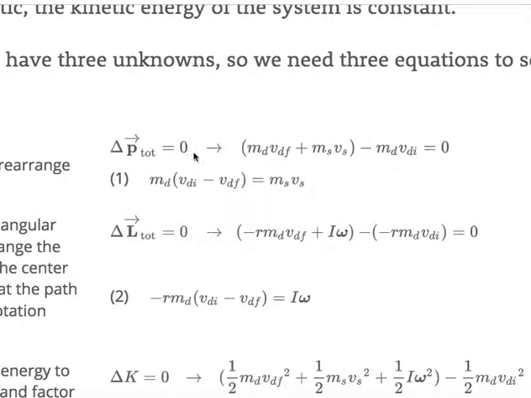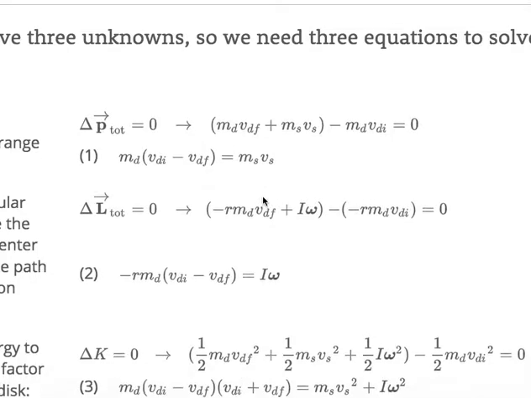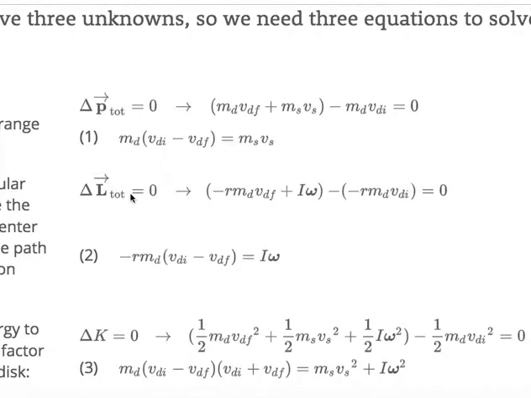So again, they're saying the total change of momentum of the puck, of the disc, is equal to the change of momentum of the stick. And so they called the change of momentum here r m dv plus I omega, minus, and this is the final angular momentum of the disk.